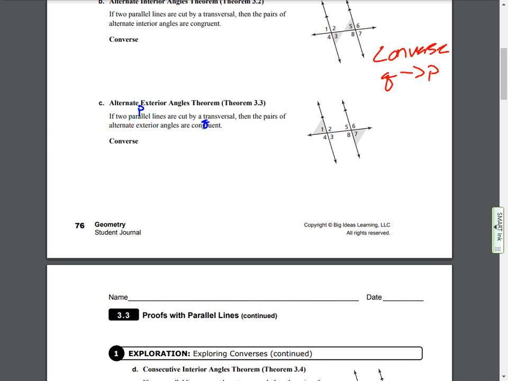Now we're looking at the alternate exterior angles. So if two lines are cut by a transversal so that the alternate exterior angles are congruent, then the lines are parallel. That is our converse.